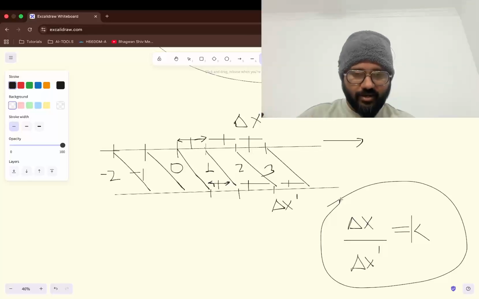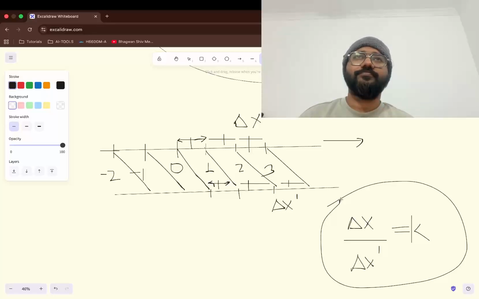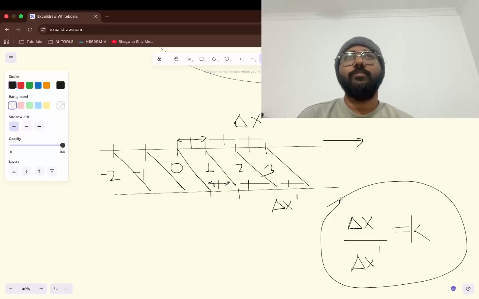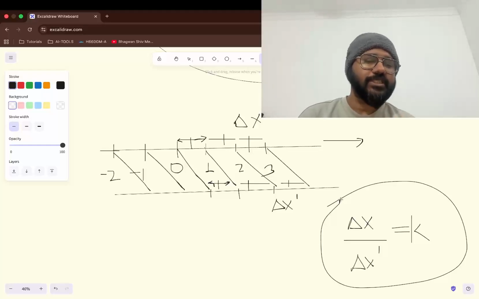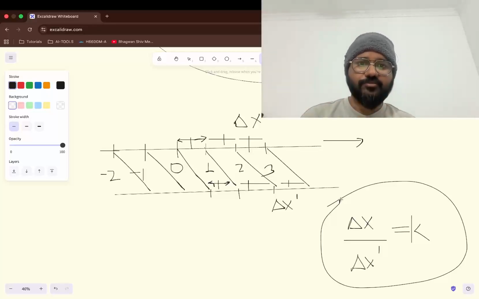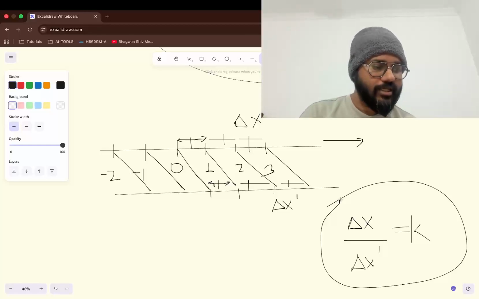You had a rubbery, stretchy number line, you stretched it, or you pushed it in one direction or another direction. People from a mechanical background might be able to understand that this is basically related to an elastic body transformation, where you have a very continuous elastic body, you stretched it, and after stretching, the ratio of the distance which was earlier, that remained constant.